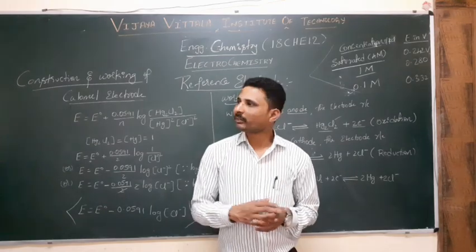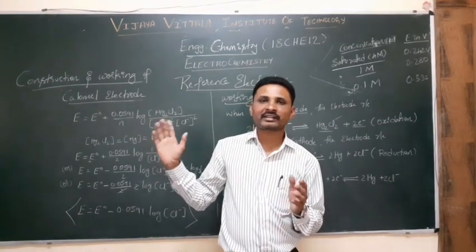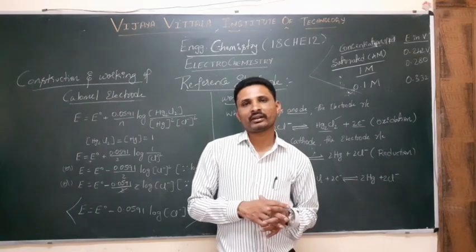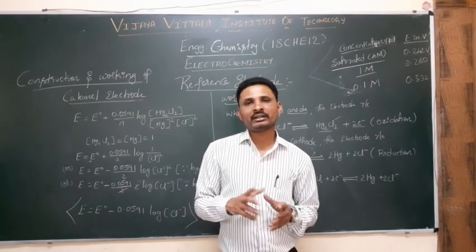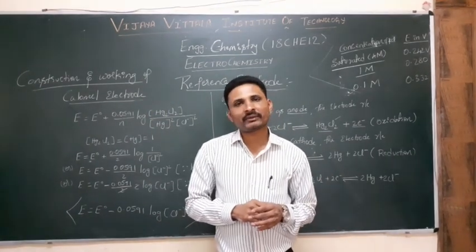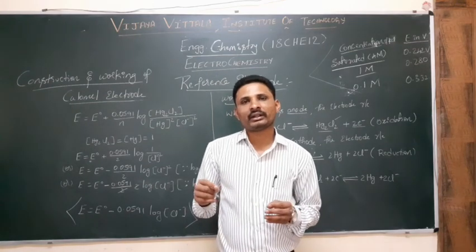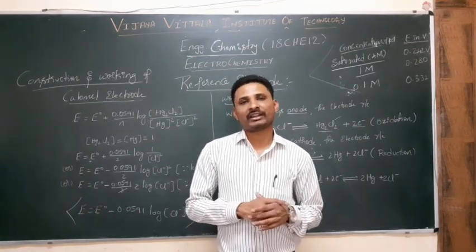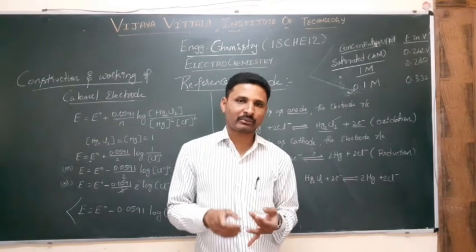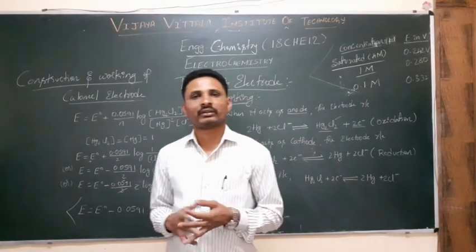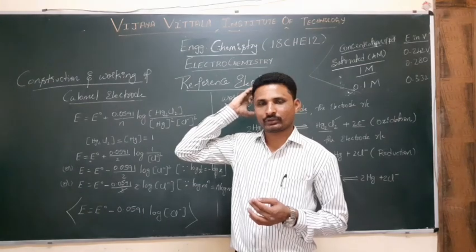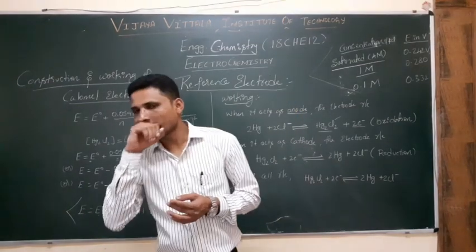By keeping this as a secondary reference electrode, you can measure the electrode potential of another electrode. So the Calomel electrode acts as a secondary reference electrode for the measurement of single electrode potential and in potentiometric estimation.